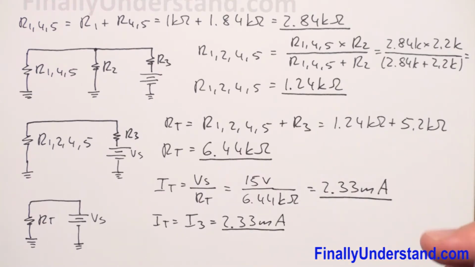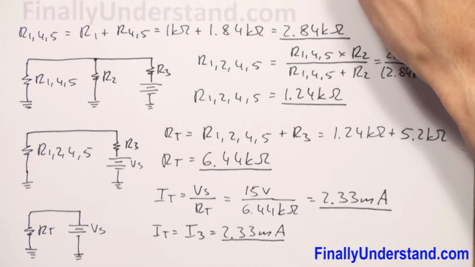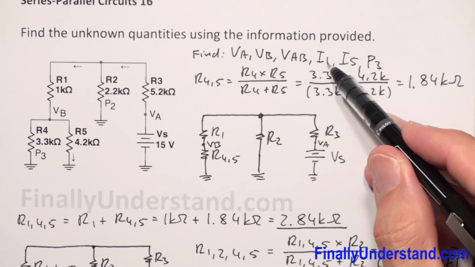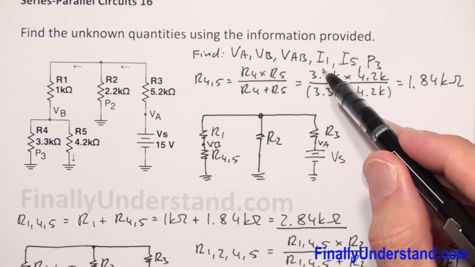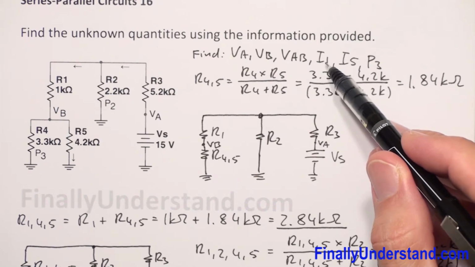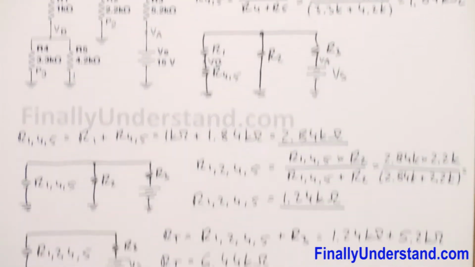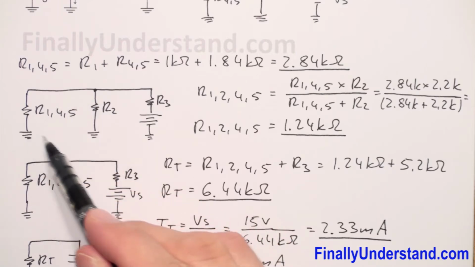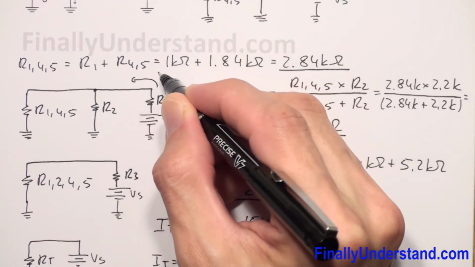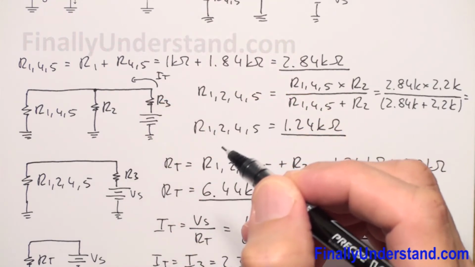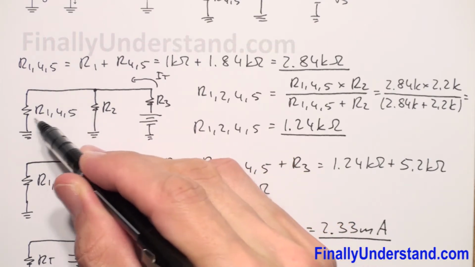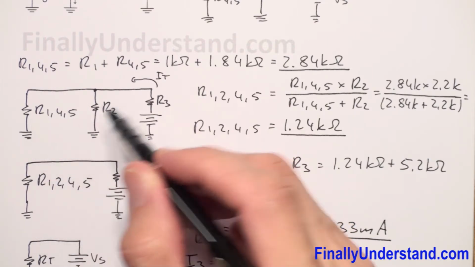Next, the problem is asking me to find the current which goes through resistor 1. In order to find this current, I'm going to look at this diagram. I know that this current is my total current, I total, right? I total is going to split into two currents.